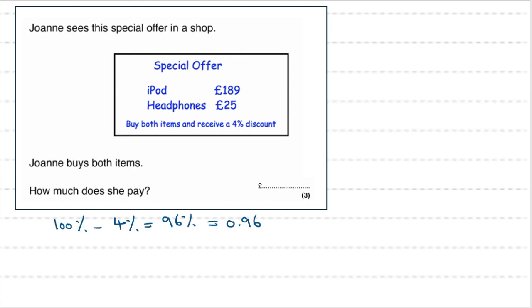The cost of both items is going to be 189 plus 25, which gives us 214. So that's the cost of both items without discount.